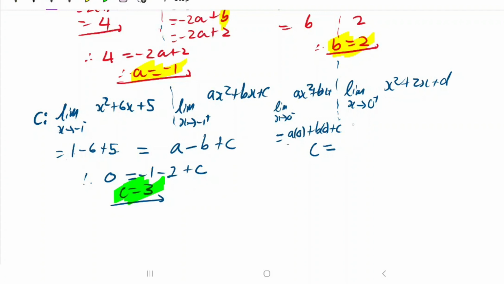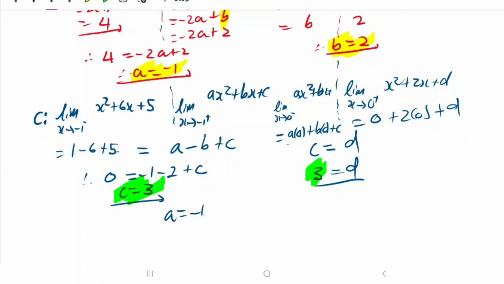And similarly, if we substitute 0 there, we get 0 plus 2 times 0 plus d, and therefore we get that d is equal to c, but c was equal to 3, so therefore d is equal to 3. Bam! So there we have found all of the values that we're looking for. So a is negative 1, b is equal to 2, c and d are equal to 3.